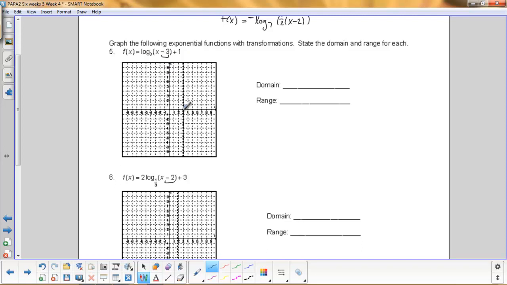You'll also notice that the critical value usually occurs at 1, 0.